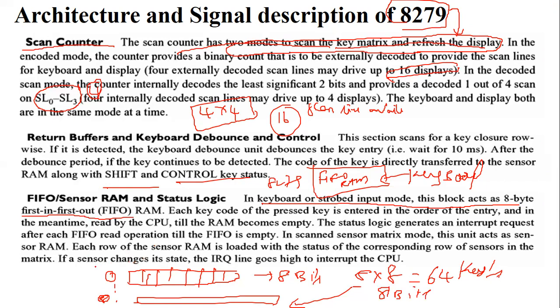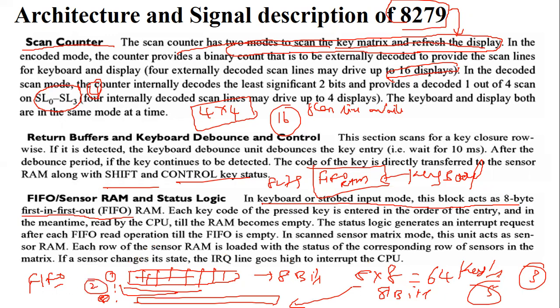The FIFO sensor RAM is organized first in, first out. So when you press, for suppose, the third key, that is stored at the first location. Then after you press, for suppose, the fifth key, that is stored at the second.